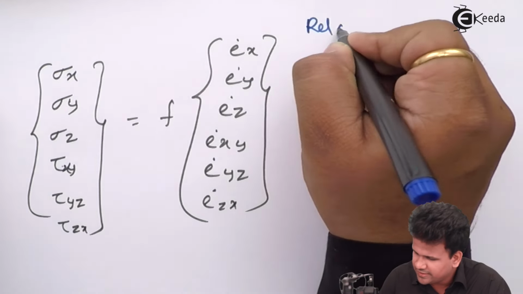This is minus p plus 2 mu dou u by dou x minus 2/3 of mu into dou u by dou x plus dou v by dou y plus dou w by dou z. So this entire part we have got.